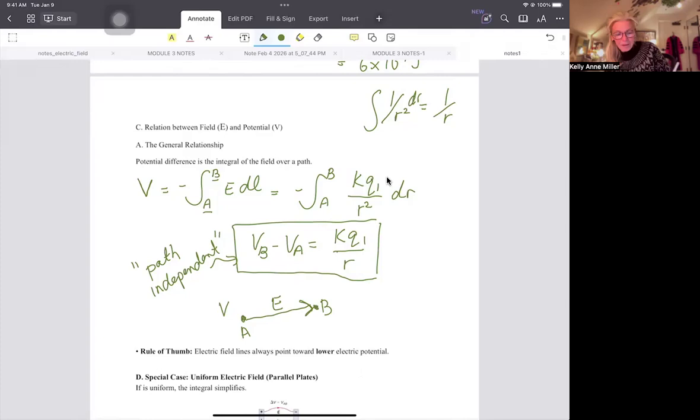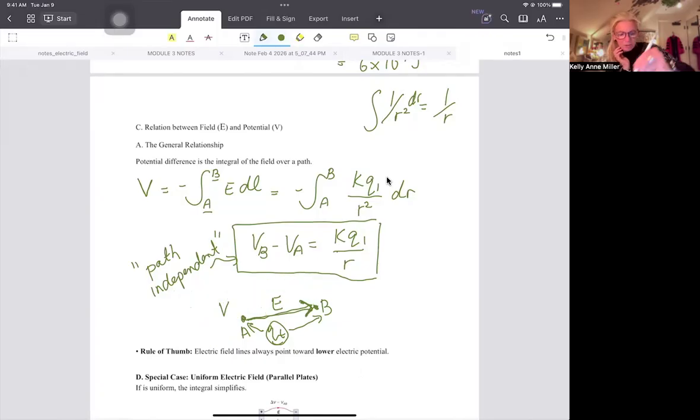Okay, and I have some charge and I move it from point A to point B. In one situation, I just move it in a straight line between the 2 points. In another situation, I move it all the way around, a crazy path, and then it ends up at point B. It doesn't matter. The potential difference between those 2 points is still the same. Okay, so it's independent of the path.